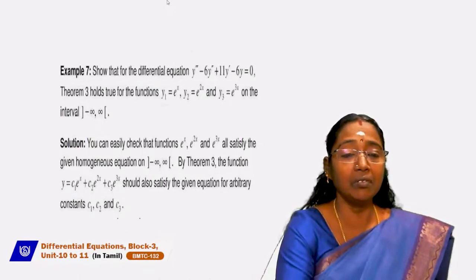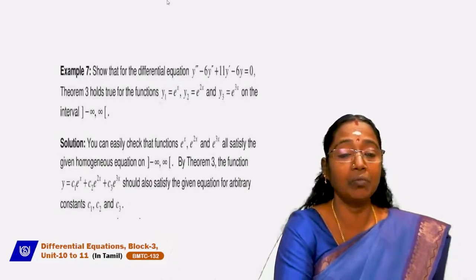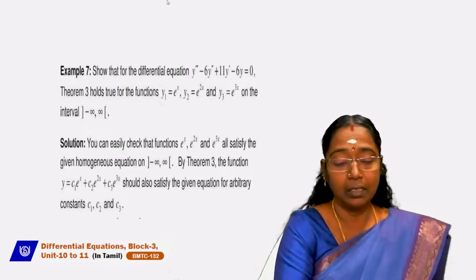You can easily check the functions e power x, e power 2x, e power 3x all satisfy the given homogeneous equation. Therefore, the function y equal to c1 e power x plus c2 e power 2x plus c3 e power 3x should also satisfy the given equation for arbitrary constants c1, c2 and c3.